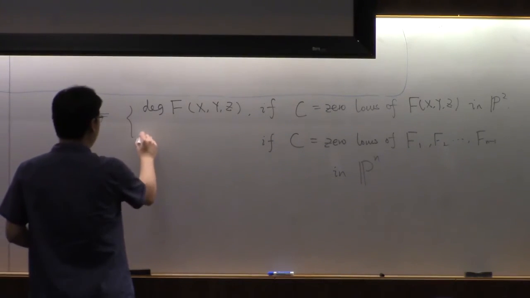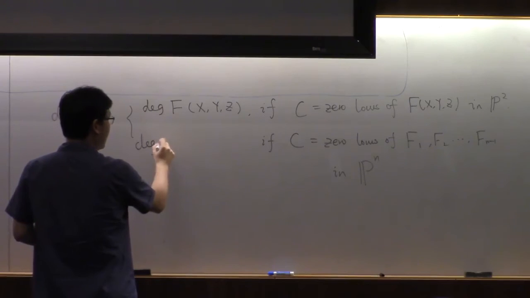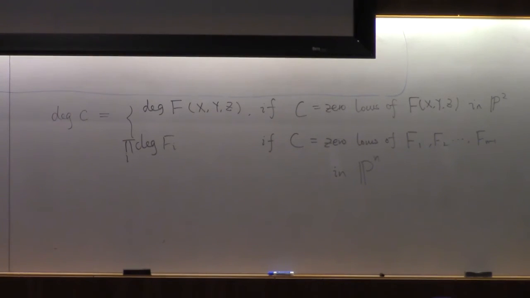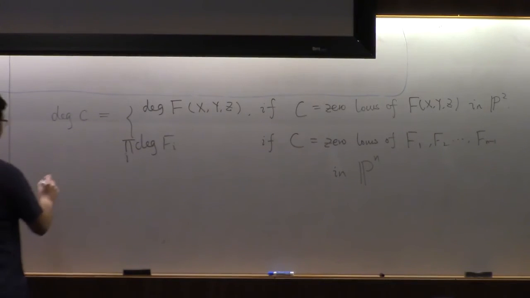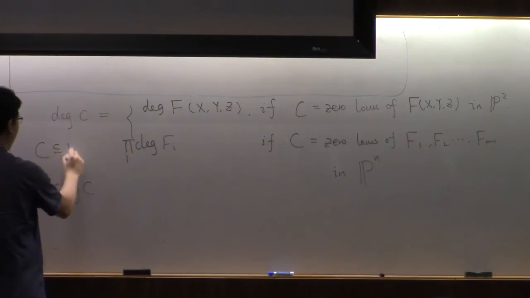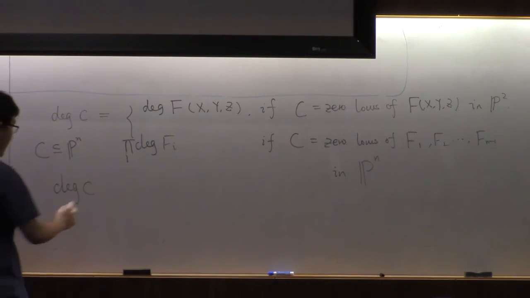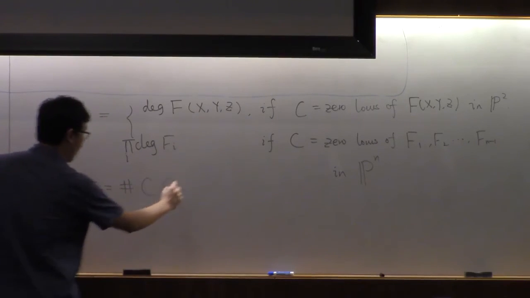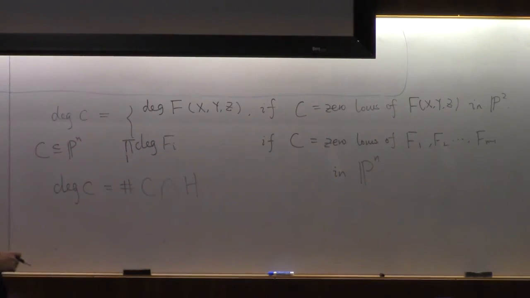Then I can just define the degree of the curve C to be the product of these homogeneous polynomials. What does this mean? It means that in general, if this C is inside the projective n space, then this degree should be the intersection number with H inside the projective n space.